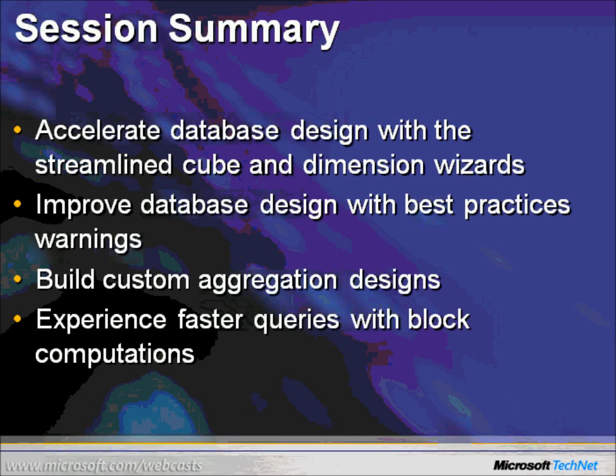In Analysis Services 2008, you have complete control over aggregation design. You can automate the process by using the Aggregation Design Wizard or manually override the calculated aggregation design settings for targeted solutions. And finally, today we looked at how to query your cube faster than you think, by block computation optimization built into Analysis Services 2008 by design.